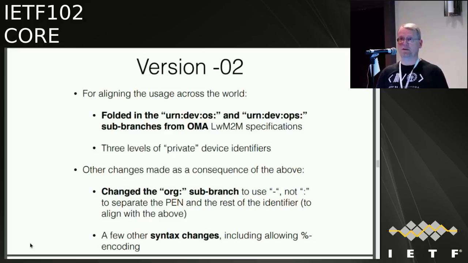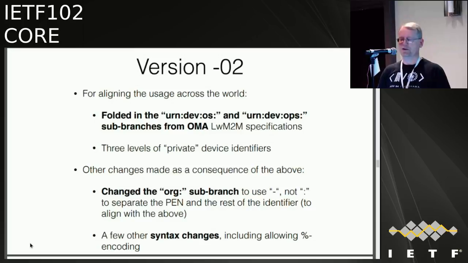They specify a couple of sub-branches of this dev URN called OS and OPS, for organization serial numbers and organization product and serial number. So I folded those in, because I felt it would be important that there's one place that says here are the different sub-branches, and then the syntaxes would be somewhat compatible and aligned. There are some changes that I had to do because of that.